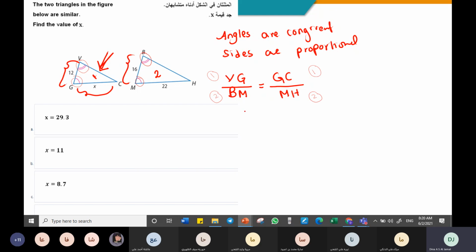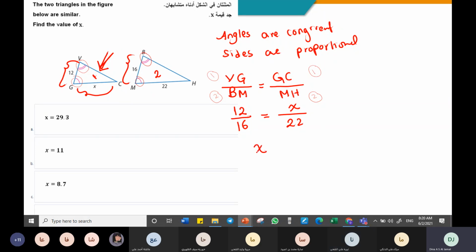What is VG? 12 over 16. What about GC? x over 22, the x that I would like to get.